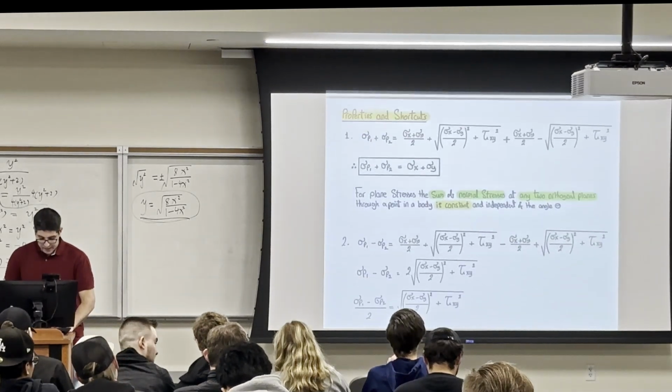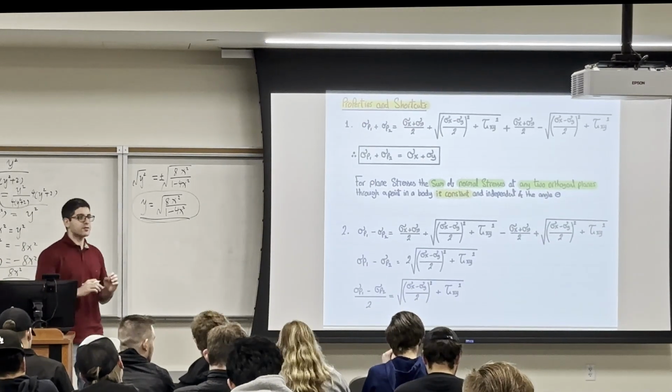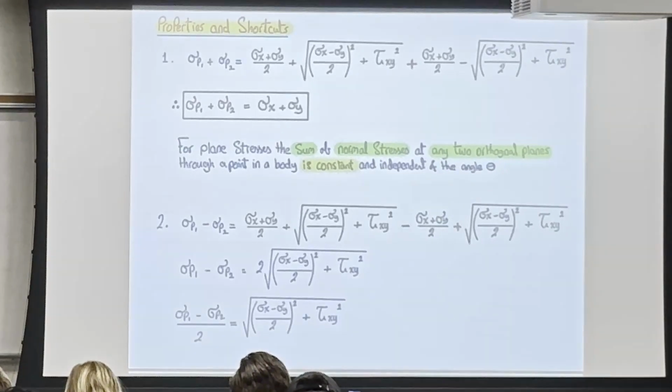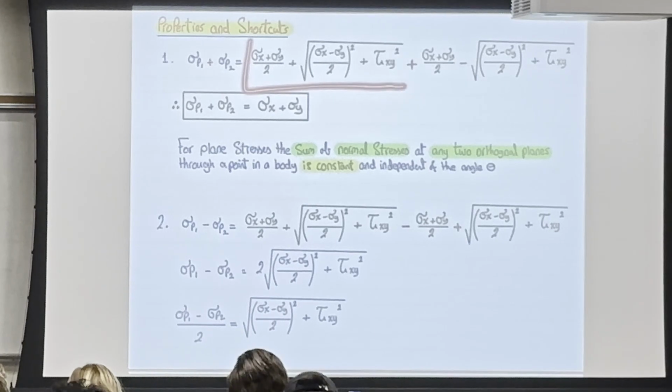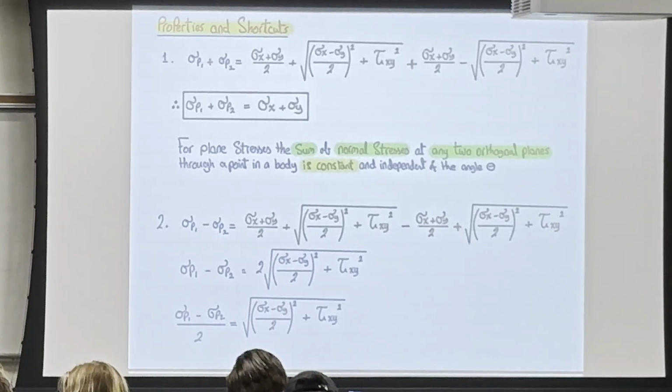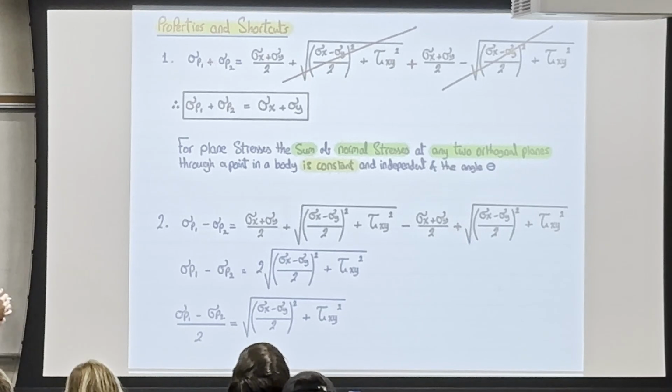Okay. Lastly, let's find some properties or some shortcuts. If I took the sigma p1 and added it to sigma p2, so this is the sigma p1 equation, and this is the sigma p2 equation, if I added them to each other, you're going to find that this term cancels that term. And here is the important thing to notice.